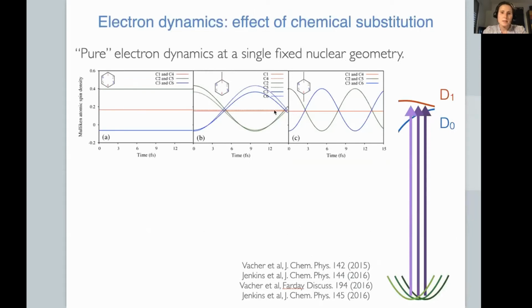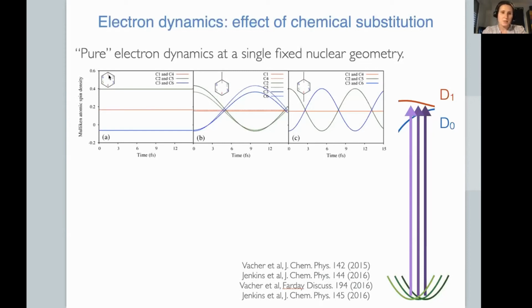And this is to illustrate the fact that by using a chemical substitution, by adding a methyl group in different places, we are able to basically tune the position of the equilibrium geometry of the neutral species with respect to the cationic state. And that means you're able to tune the energy gap at this specific geometry at which you ionize the system. You tune the energy gap between the populated eigenstates and therefore the time scale of the oscillation in the electronic density.